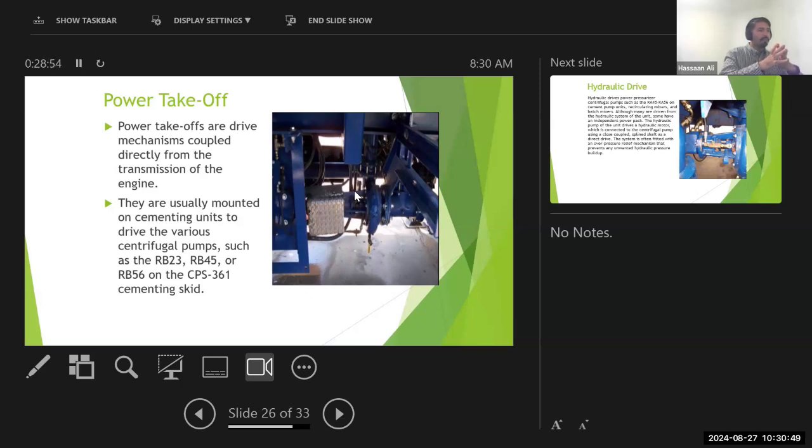It is very commonly used in irrigation activities, for example irrigating fields, or in oil and gas activity where we are using it for pumping cement or slurries, or to pump frac fluid. It's very common and very reliable, but it has very limited applications. It is only used in certain types of applications.